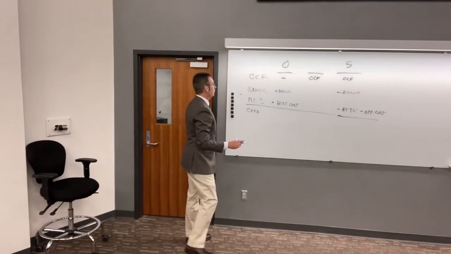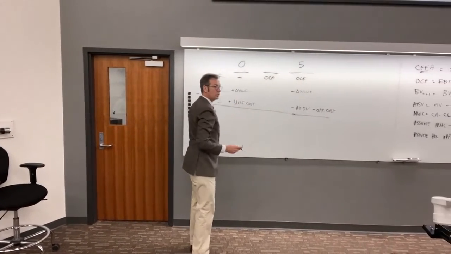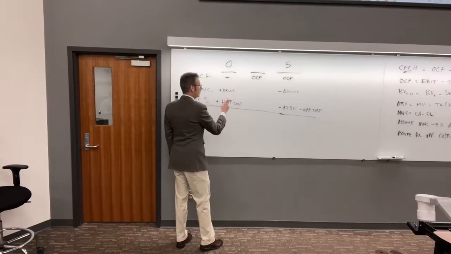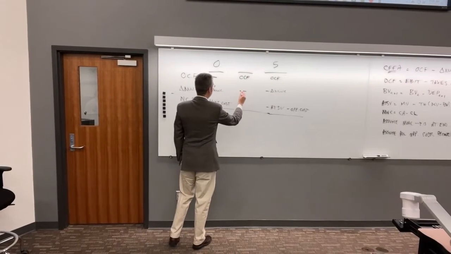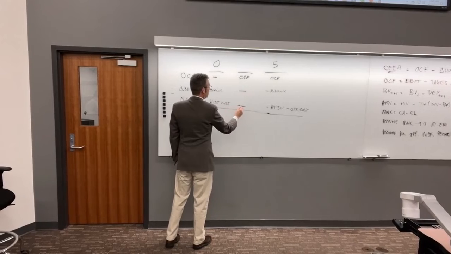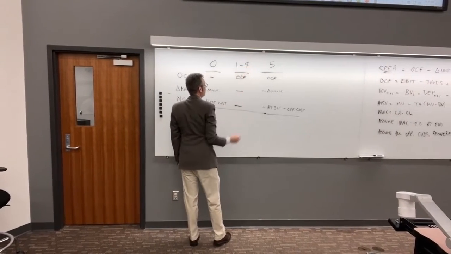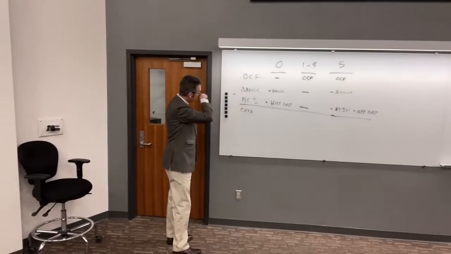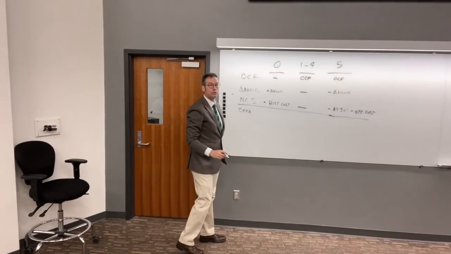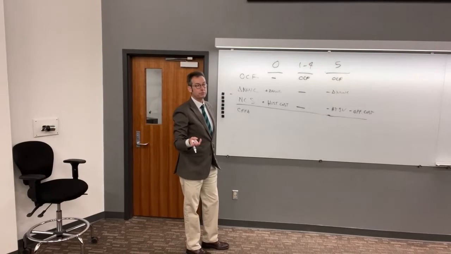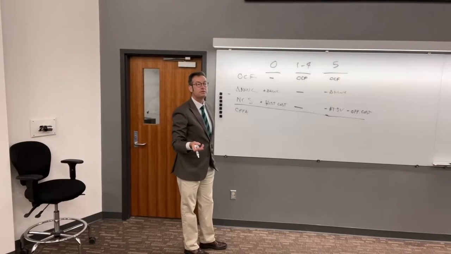So why am I telling you all this? Oh, by the way, typically, in most projects, for your homework, there's not going to be any change in net working capital. There's not going to be any net capital spending in the intervening years. And so this is how we set up the problem. And so you're really only going to have 3 cash flows here to work with instead of 6.